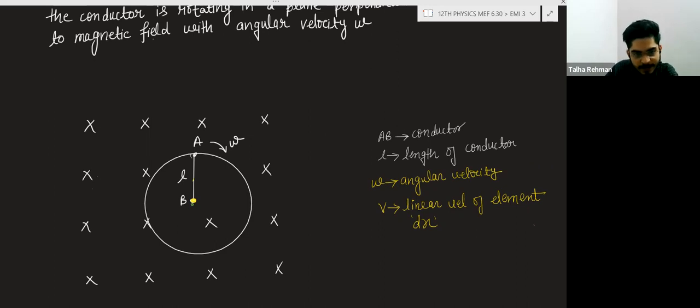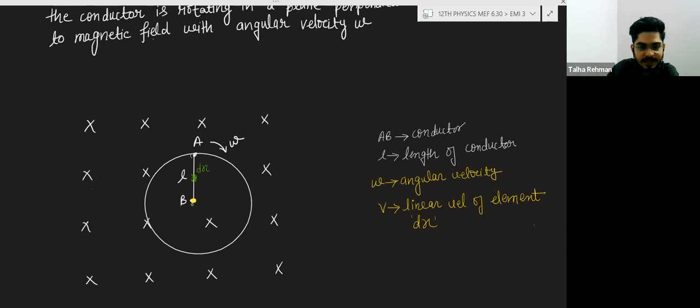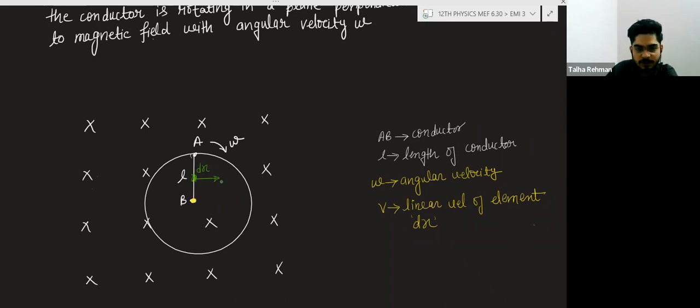So I am taking a very small element dx of this conductor. As this conductor will rotate like this, this element has a velocity perpendicular to the conductor. You will draw a tangent at this point in this direction, and you will get the linear velocity.